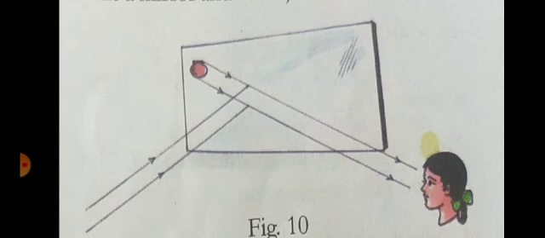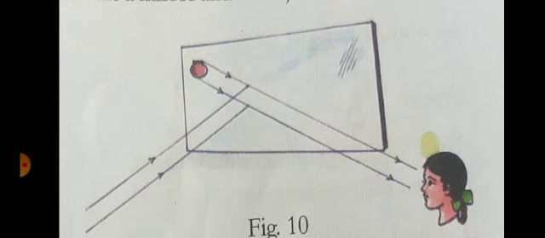So children, now can you see the image in the mirror though the object is not seen by you directly? So how can you see those objects that you cannot see with your eye directly?